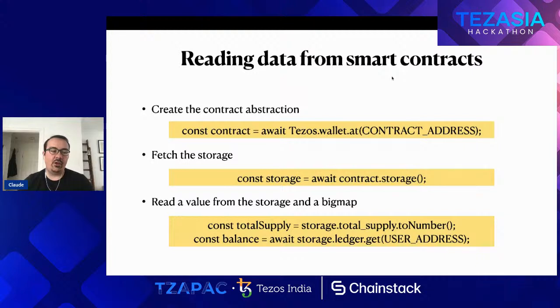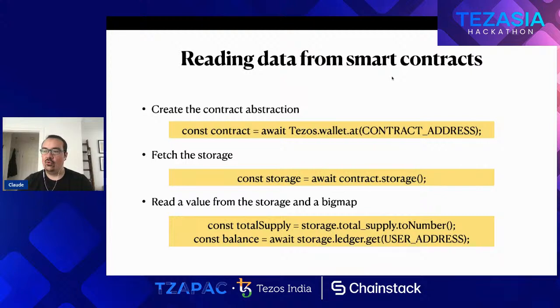So once again, it's going to be very easy to interact with the contract. You first have to create what we call a contract abstraction. So it's basically going to be a JavaScript object with different properties and methods. And to create it, once again, you just take your Tezos Toolkit instance.